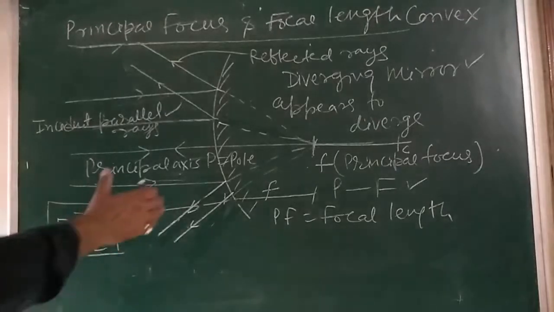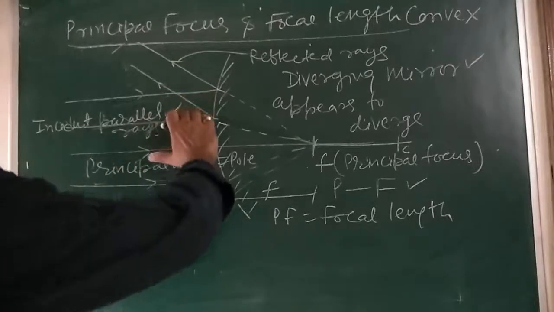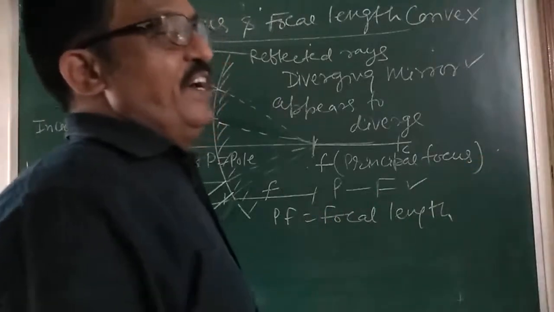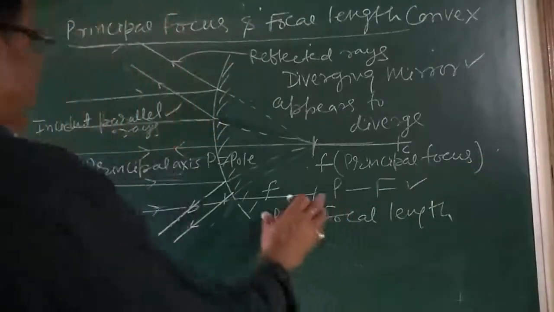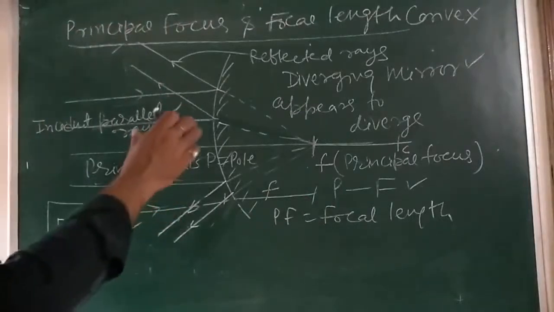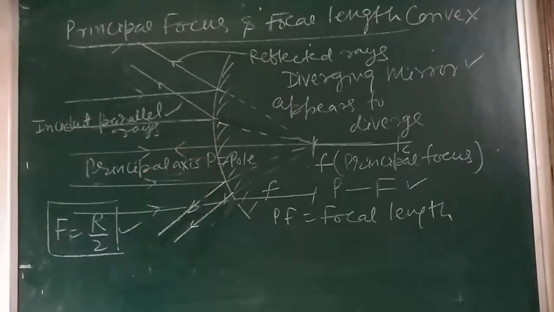This formula is valid for both concave mirror and convex mirror. Is it clear? So write down this formula. Now we are going to see sign convention for this type of mirrors. So we are going to see, first to draw this.